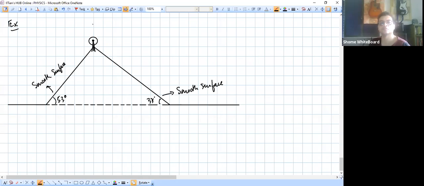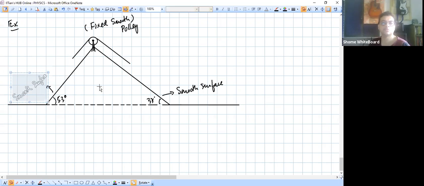Now we have a fixed smooth pulley, and a thread which is going round the pulley, and on the other side is attached to two blocks.